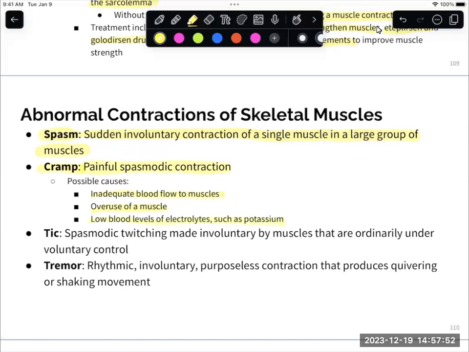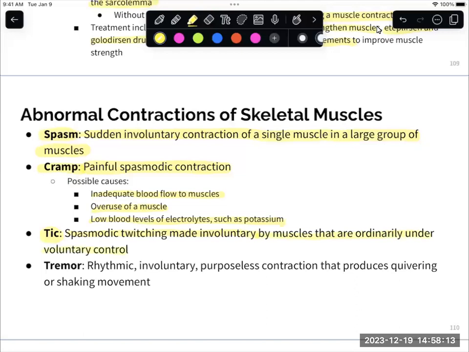If you've ever had a Charlie horse in your leg, that's a cramp. A tic is a spasmodic twitching, an involuntary twitching by muscles that are normally under voluntary control.